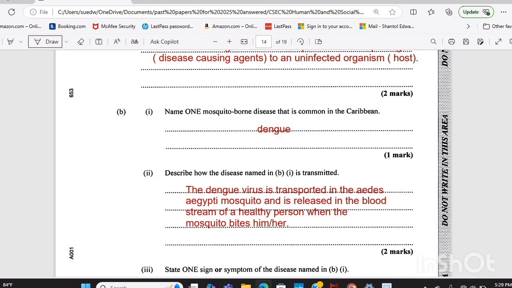And you may be wondering, I heard this among some of my students, how is it that the mosquito, if it is taking blood away, is able to give the disease? Now, how the mosquito actually does its job is once it bites you, it releases its enzymes into your body, which causes your little area there that it bites to become raised.